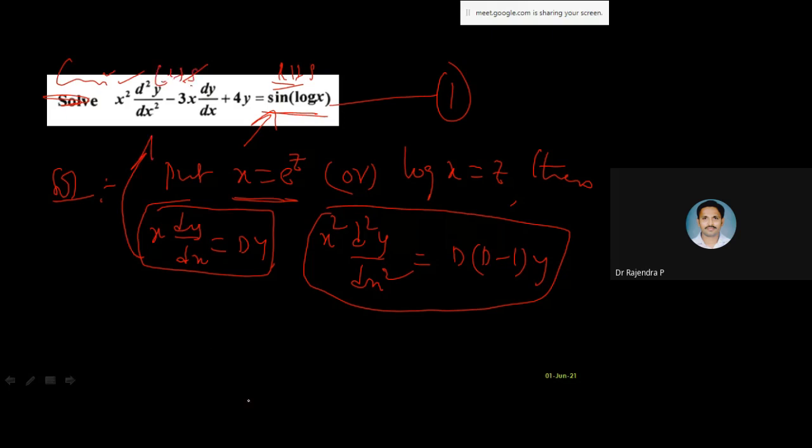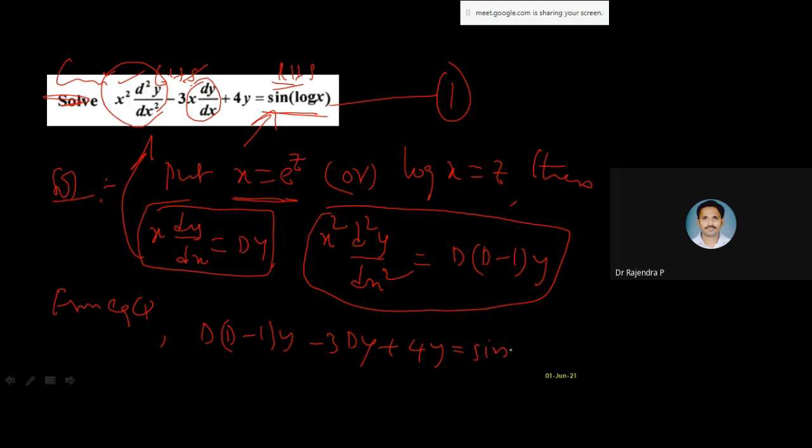Okay, a similar procedure we are following. So from equation 1, in this x square d square y by dx square, I can write D into D minus 1 into y, minus 3 into x dy by dx, in this place I can write Dy, plus 4y is equal to sine of log x. Log x is nothing but z.